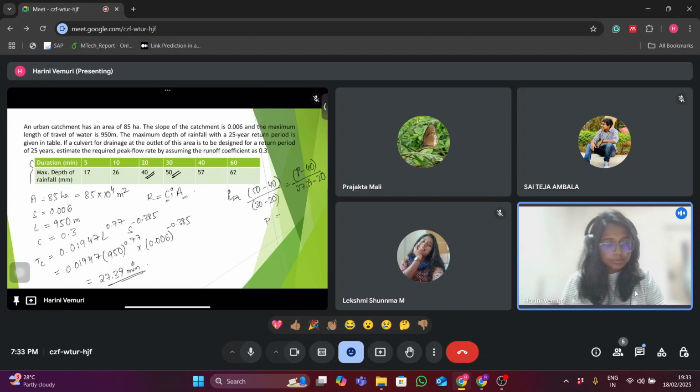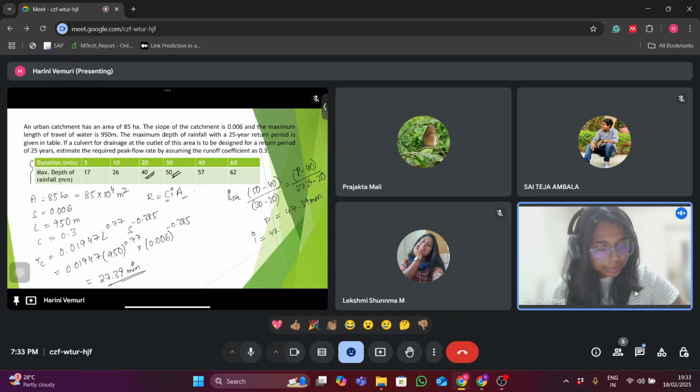So P equals 47.39 mm. Here we need to know the intensity.